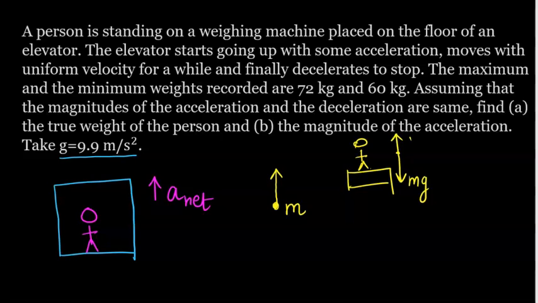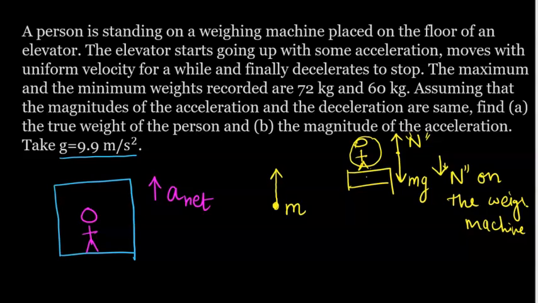The surface applies a normal reaction N, and as a result the person also applies a force of the same magnitude in the opposite direction on the weighing machine.